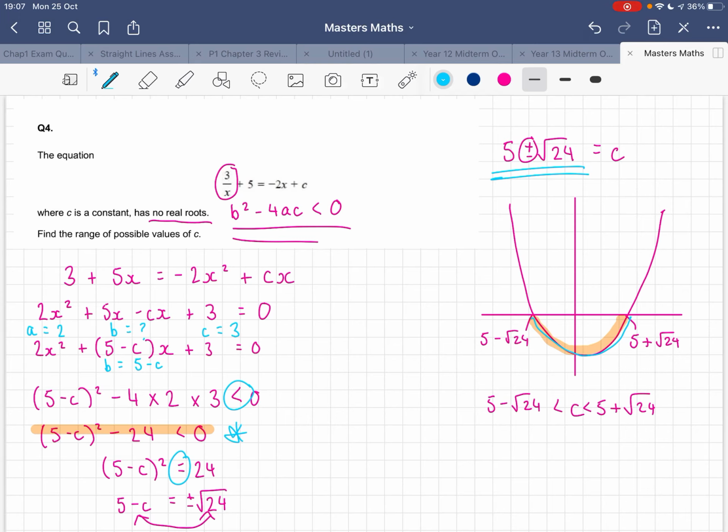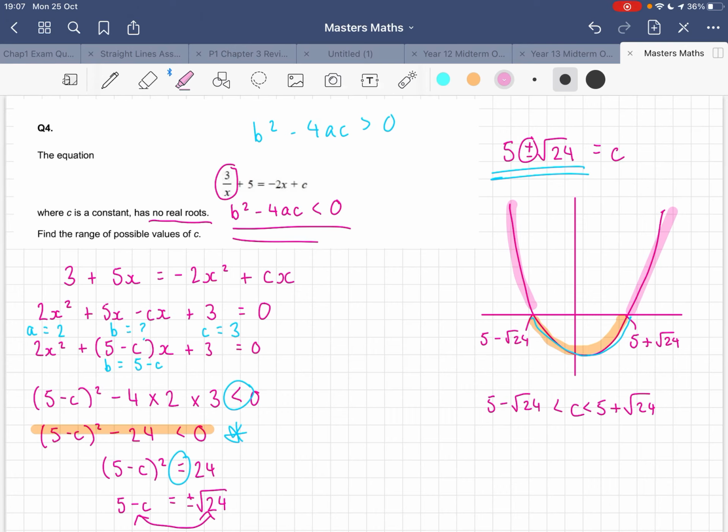If the inequality was the other way around and we were told it had 2 real roots instead of no real roots, so we were using the discriminant the other way around, then when we get to the end and we've sketched the graph, we would be interested in these parts of the graph.